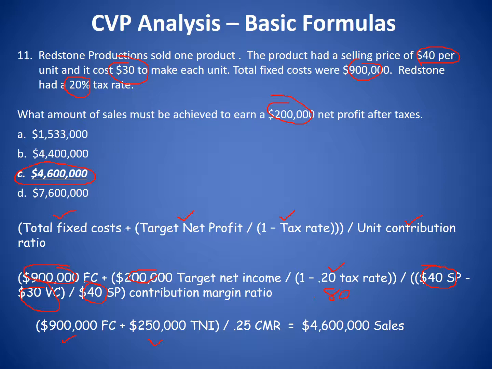So we're going to take that quantity, $1,150,000, and we're going to divide that by the 25% or 0.25 contribution margin ratio. When we do that, that equals $4,600,000 in sales. So that's the answer to this question.